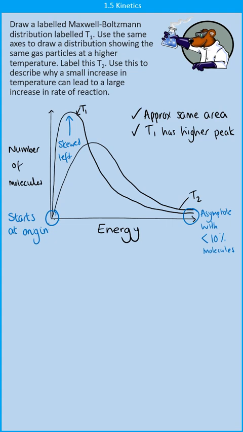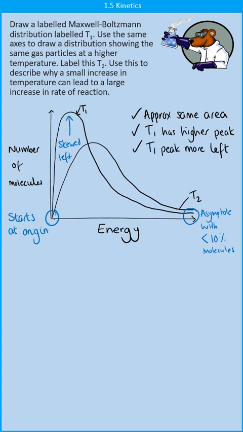Say, just for the sake of argument, if we had from 0 to 10 joules within our particles at T1, and then at T2 it's hotter, so we go from 0 to 20 joules, right? That's a bigger range. Because we've got a smaller range of energies for our lower temperature, T1, that means that each one of those energies is going to have more particles associated with it. So that's why we've got this higher peak.